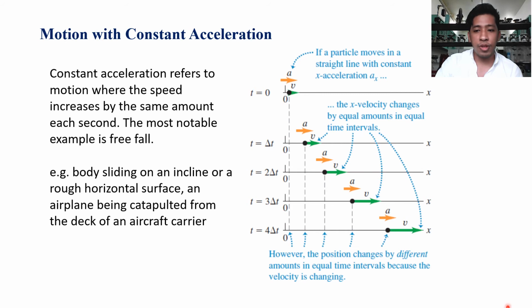However, the position changes by different amounts in equal time intervals because the velocity is changing. So here, your body moves faster and faster at the same constant acceleration, as seen also by the change in the position at each time interval.